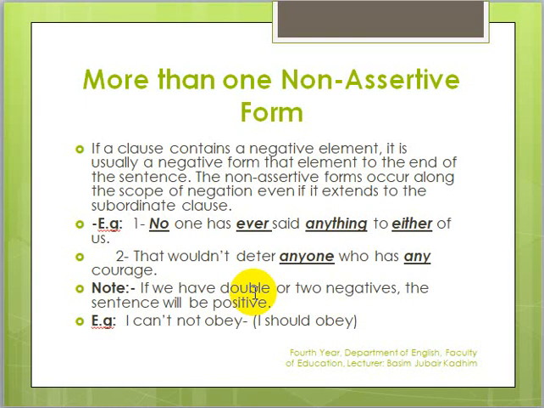So I should obey, because "can't" is negative and "not" is again negative. So negative plus negative equals positive. So I should obey. And these are used in certain contexts. We do not use them haphazardly.